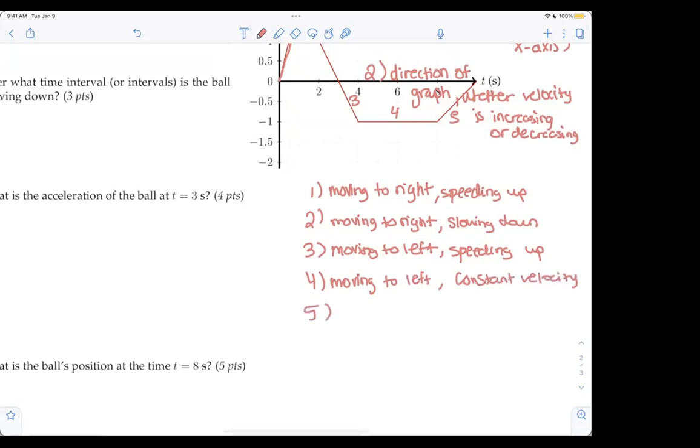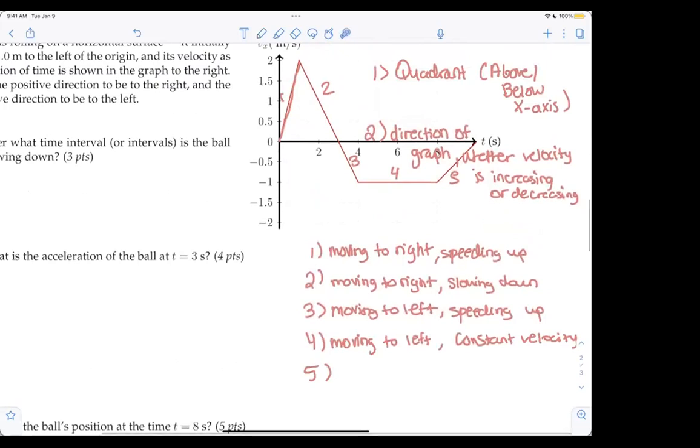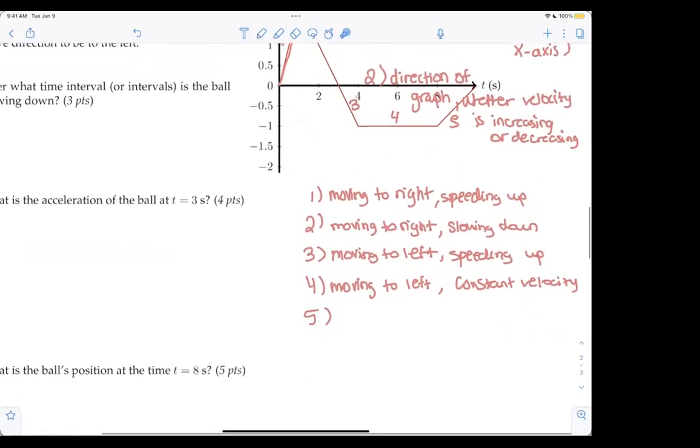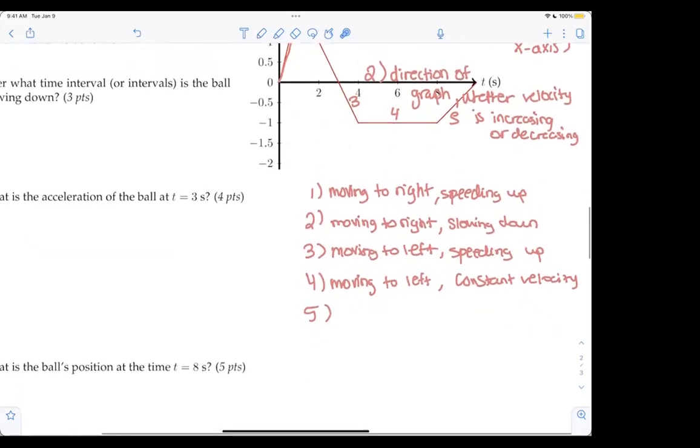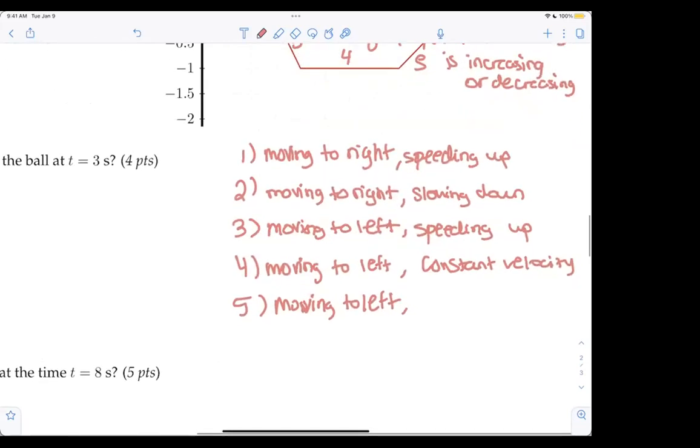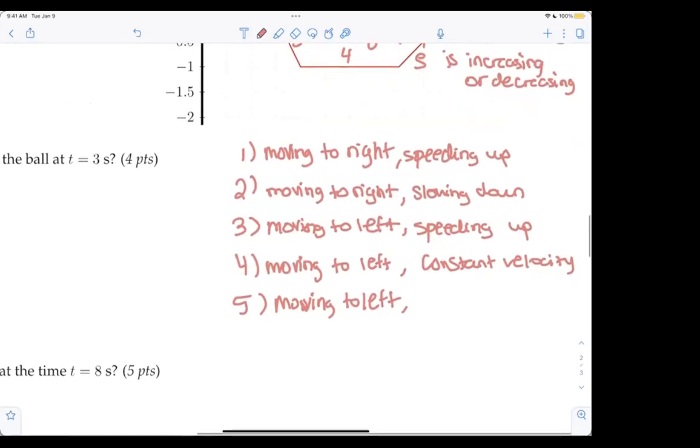And then in the fifth section, what direction am I moving in? Moving to the left, because I am still in that fourth quadrant, right? I'm still below the x-axis. And so am I speeding up now or am I slowing down?